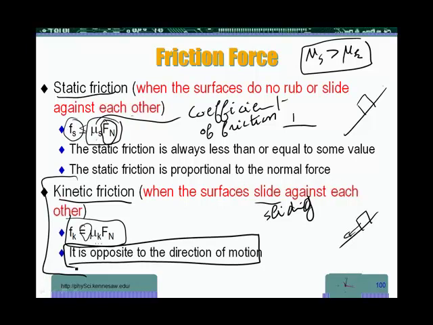Static friction, to find its direction, we have to apply Newton's second law of motion. We have to figure out how everything moves.